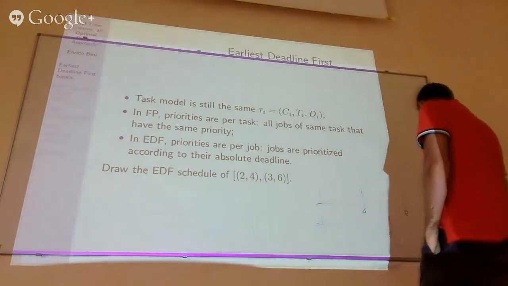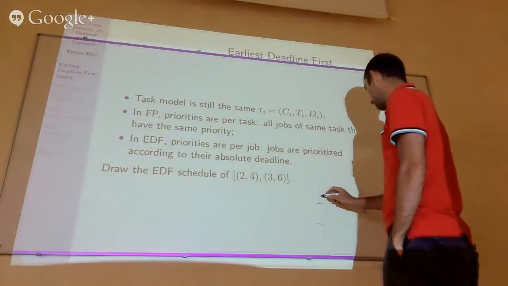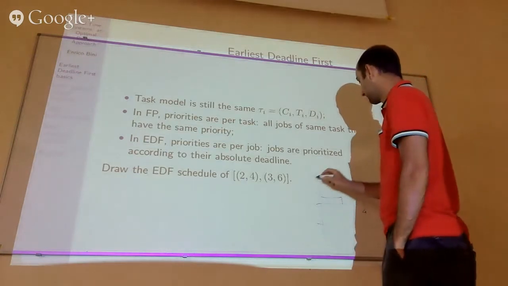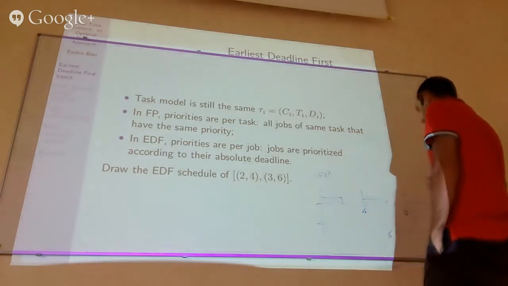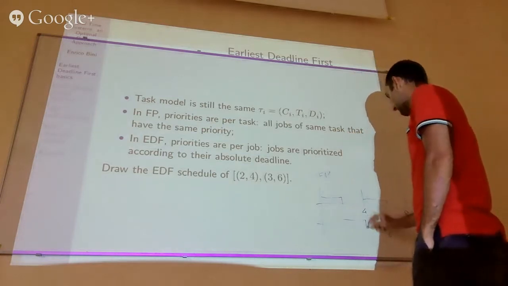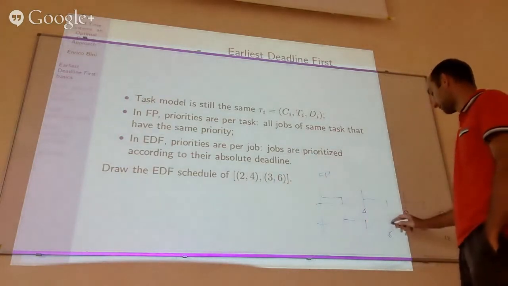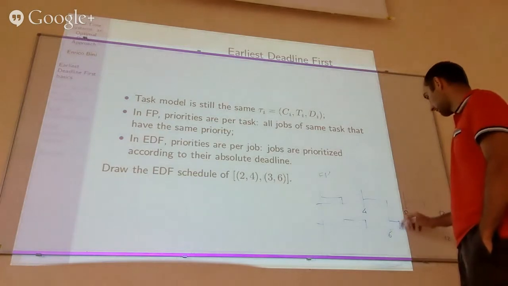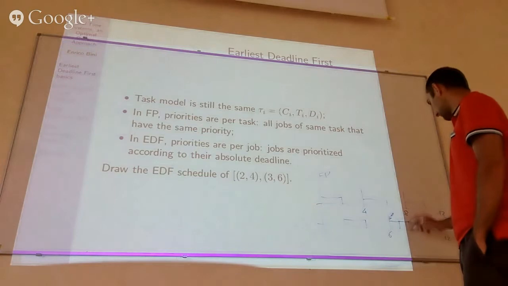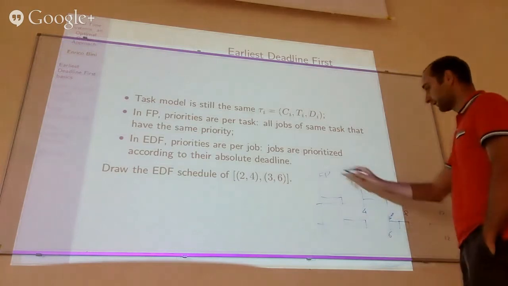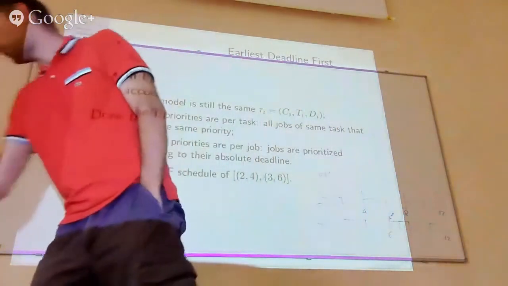So with fixed priority, we have something like this, and here we have a deadline miss because the task has to execute for 3 time units. Here it executes for 2, and then the next one executes here. So here we miss a deadline, and then it executes for the others. So fixed priority misses a deadline for this task.